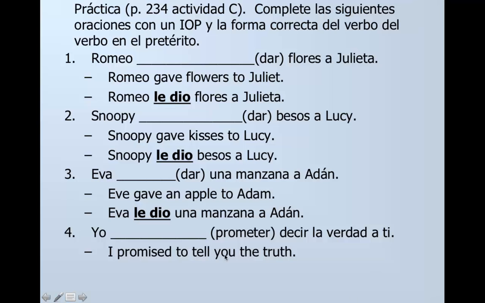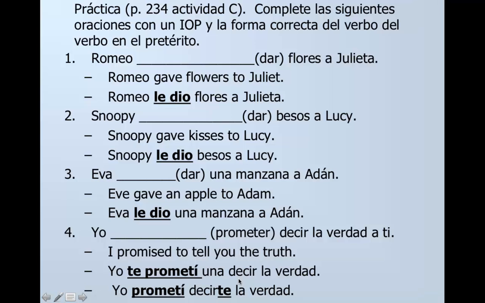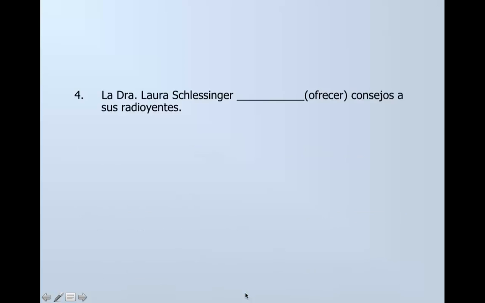And so to you is te. And then our verb conjugation is going to go with yo. So yo te prometí decir la verdad. That una shouldn't be in there. Little typo. Or, because we have two verbs, we could also attach it to the end of decir. Yo prometí decirte la verdad. Both ways are acceptable.